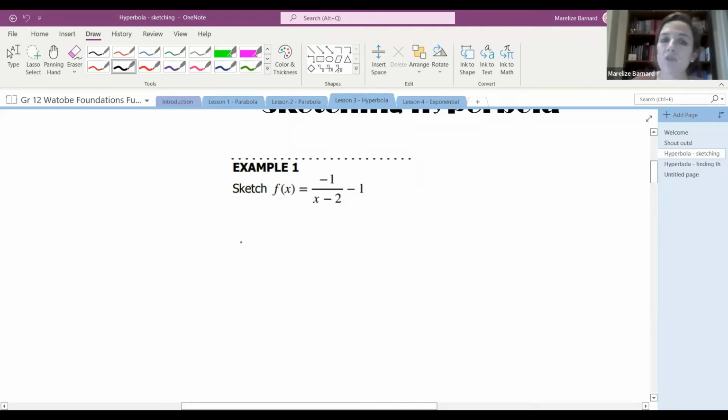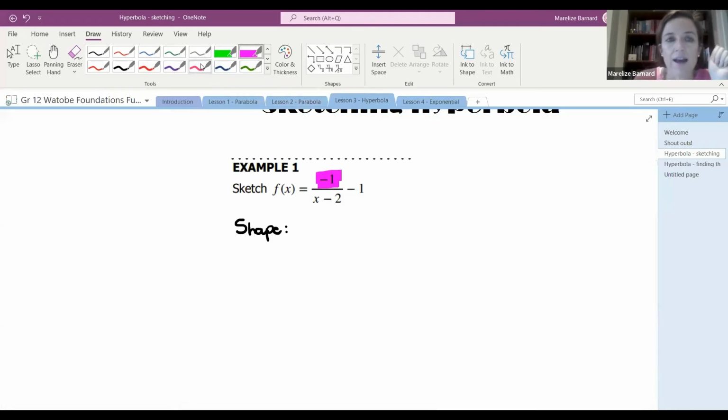Remember, for the parabola, we had a whole plan: the shape, the turning point, all of those key features had to show. So we're going to do the shape of the hyperbola first. For the shape, we look at the a value, the constant at the top of the fraction in the numerator.